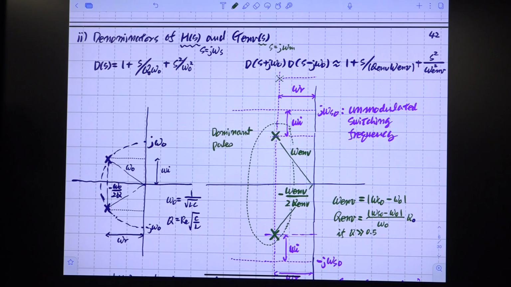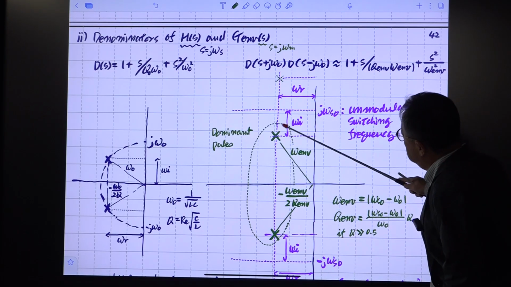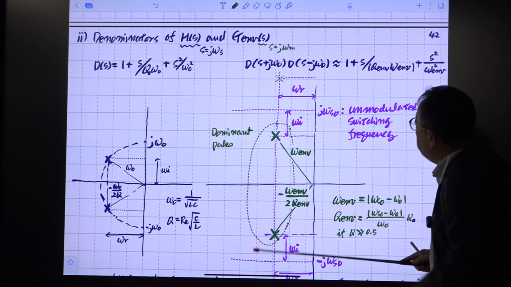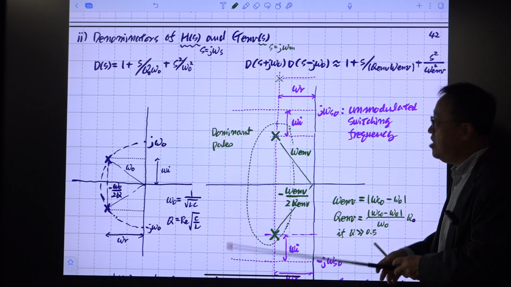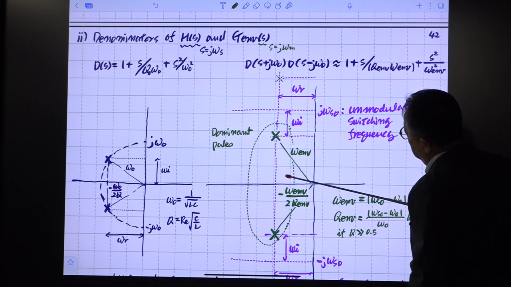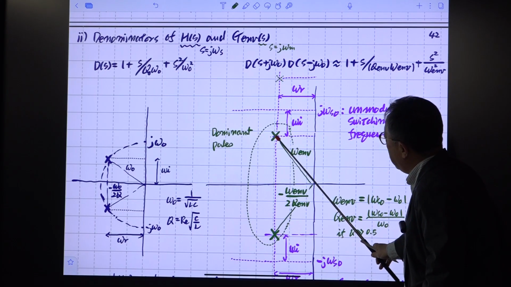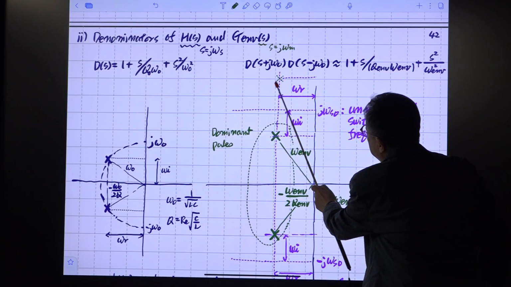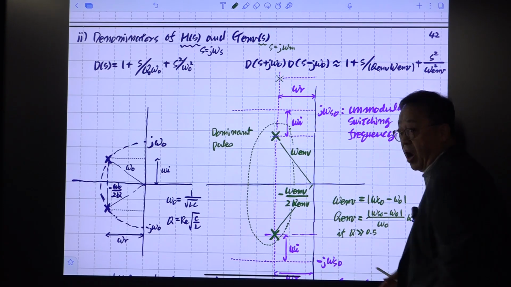Then the result is there are four poles, or two double poles. One double pole is coming here, another double pole is coming here and here. They pair like this. They don't pair like this, because they should be in complex conjugate form. The distance from the origin to a pole is the frequency of that pole, but this one is much larger, which means this pole is at a much higher frequency.